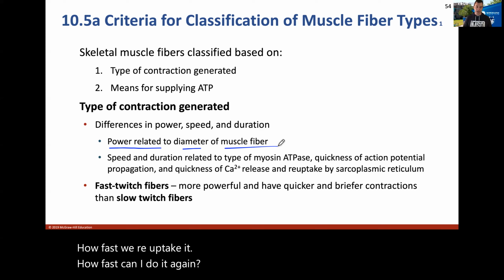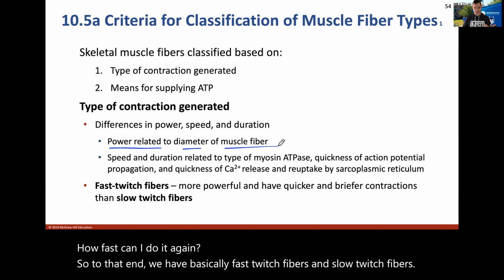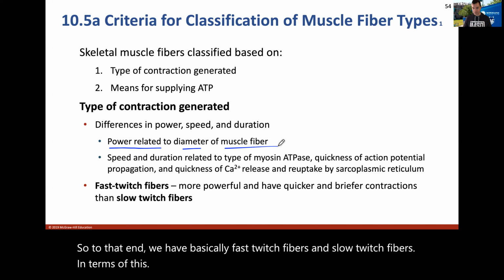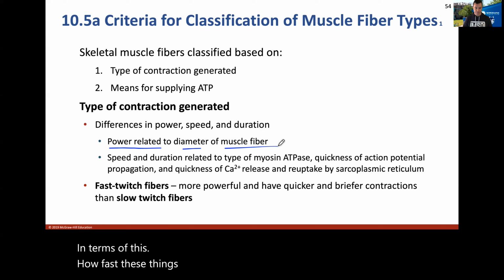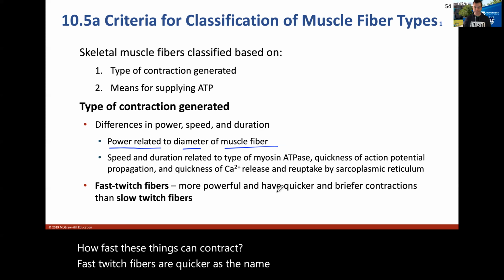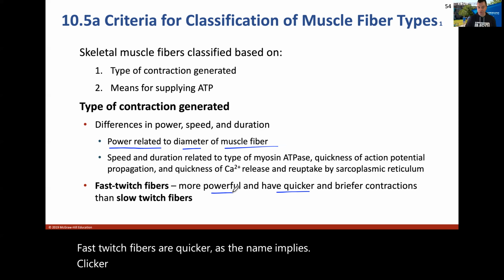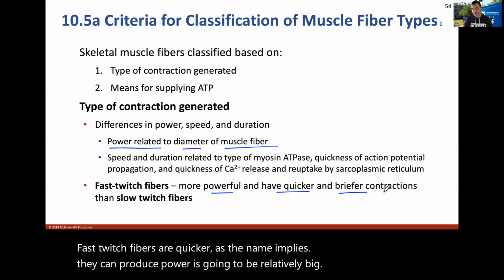So to that end, we have basically fast twitch fibers and slow twitch fibers in terms of how fast these things can contract. Fast twitch fibers are quicker, as the name implies. They can produce power. These are going to be relatively big, but their contractions are a lot briefer.